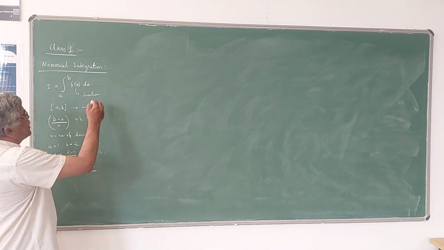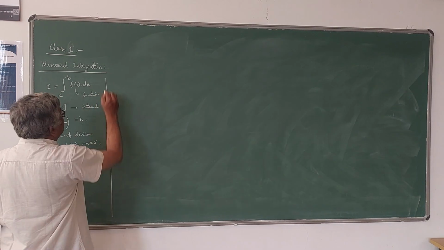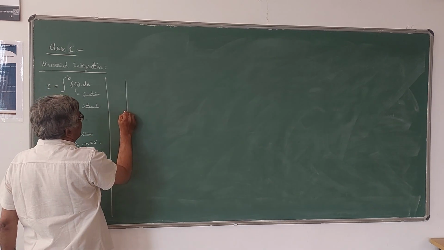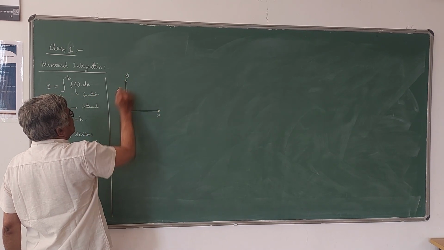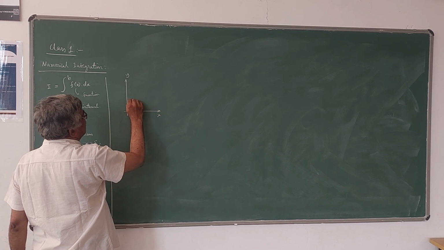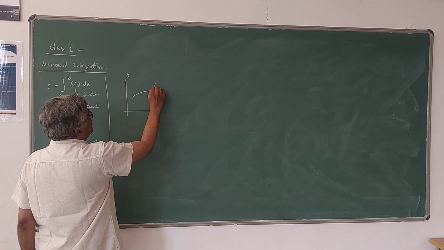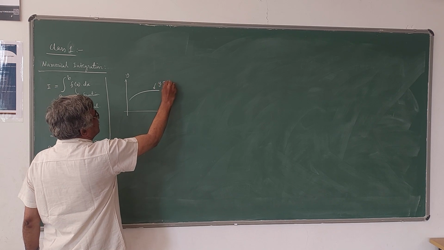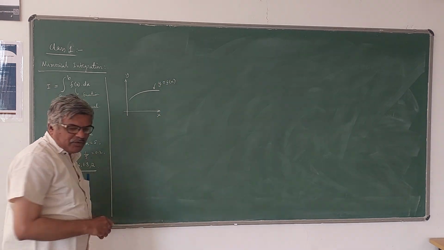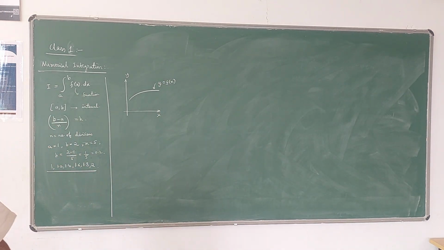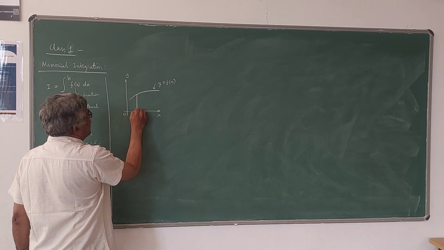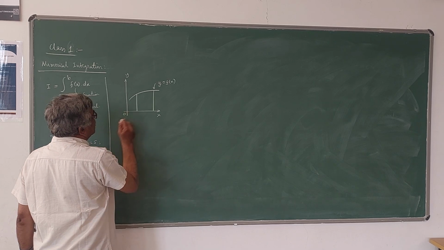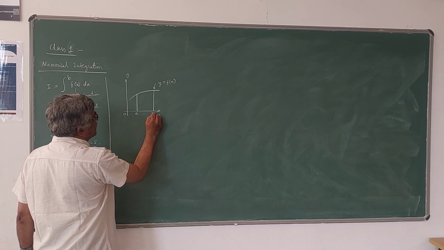So actually the physical meaning of this is, suppose you have a curve y is equal to f of x. This is the x axis, y axis. Now let me take a curve something like this. This is the curve y is equal to f of x. If you take two values of x here, this is the origin. I will draw two coordinates here. This is a, this is b.